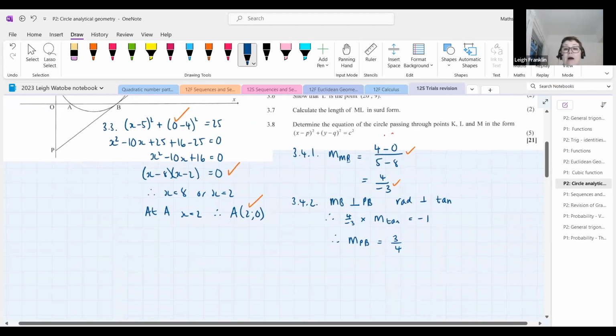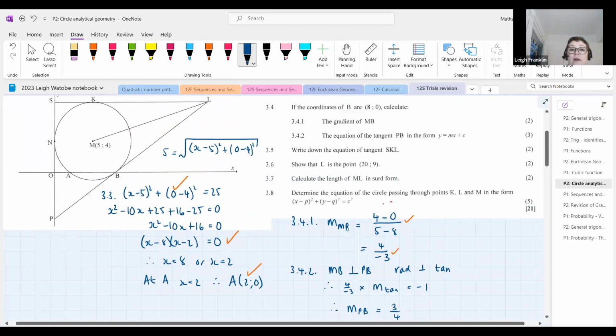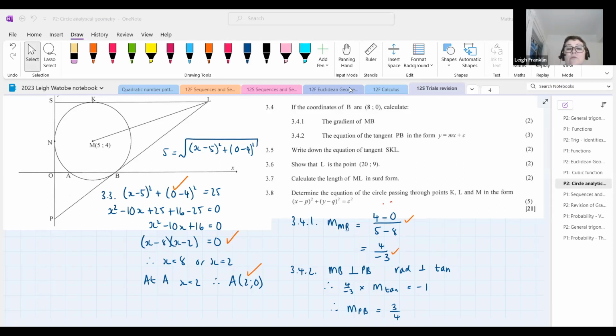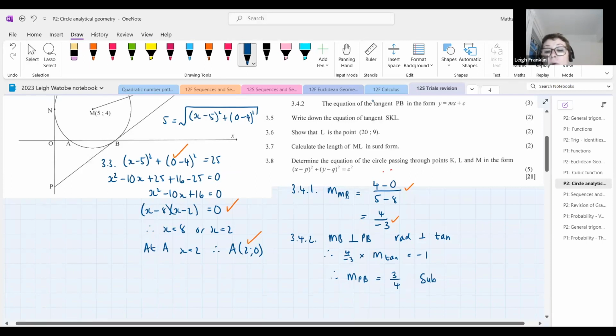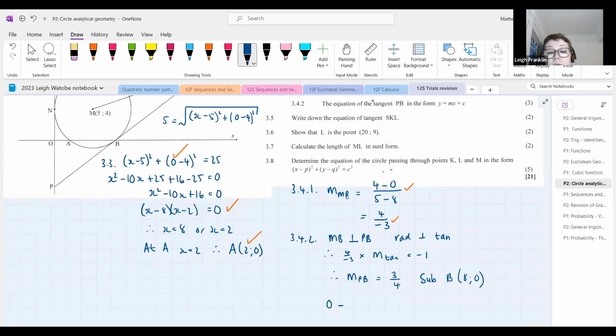Now to calculate the equation, what point are we going to sub in? Now that we've got the gradient, what point would we sub into y equals mx plus c to work out the value of c? Point B. Chad's got an answer already. Let's catch up to you a little bit, Chad. We would sub in point B, which has the coordinates 8 and 0. So it would be 0 equals 3 over 4 times our x-coordinate, 8, plus c.